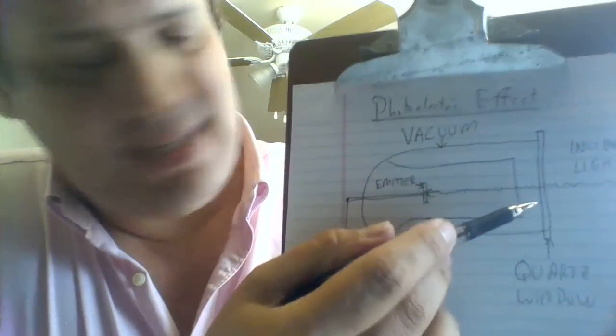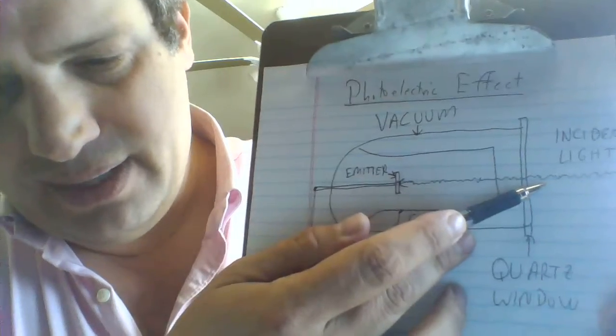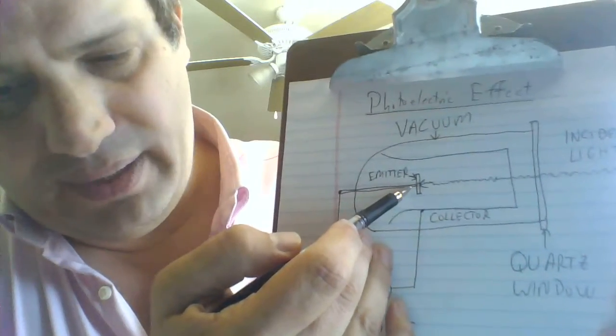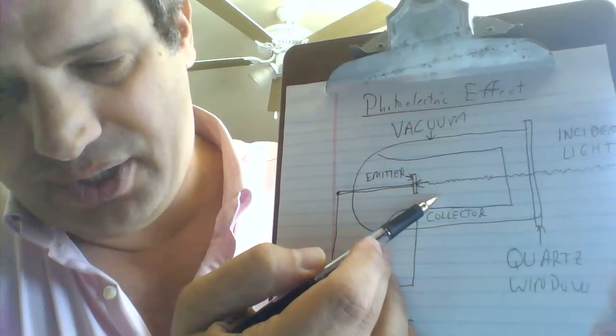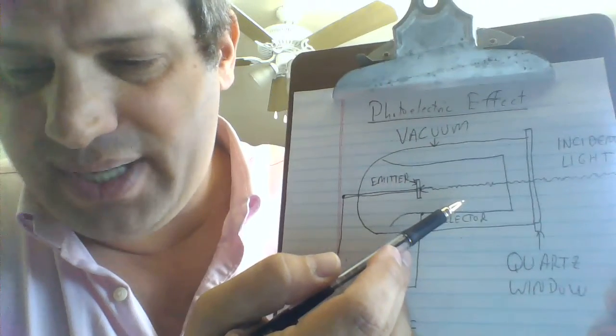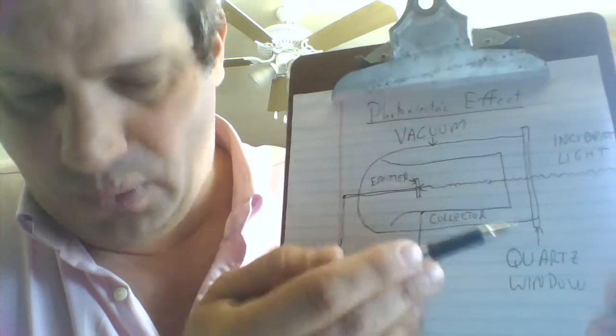First, it was found that no matter what the intensity of the illumination of the incident light, that's here, reaches the emitter, the kinetic energy of the photoelectrons did not change. But classical wave theory suggests that the higher the illumination, the greater the kinetic energy, so this didn't work.